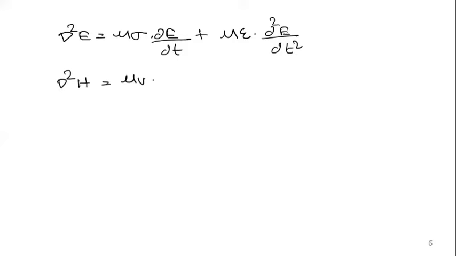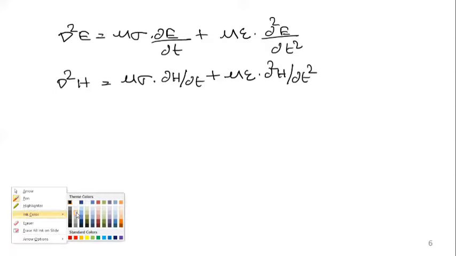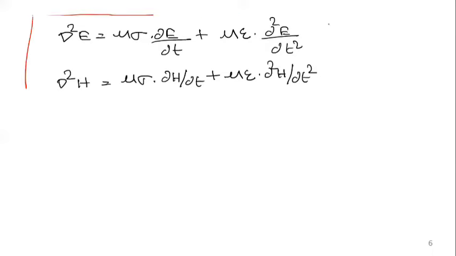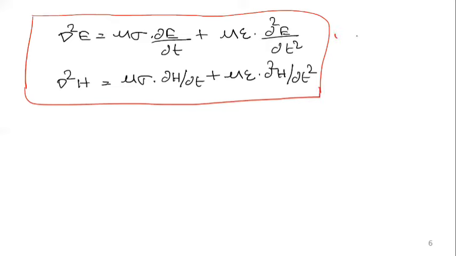You can write del square H is equal to mu sigma into dou H by dou T plus mu epsilon into dou square H by dou T square. So this is the wave equation that you should derive for a conducting medium.